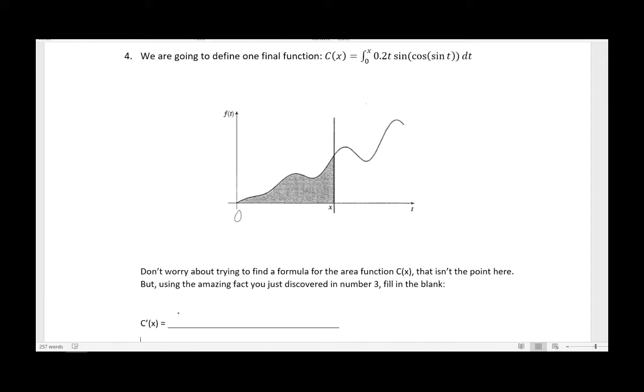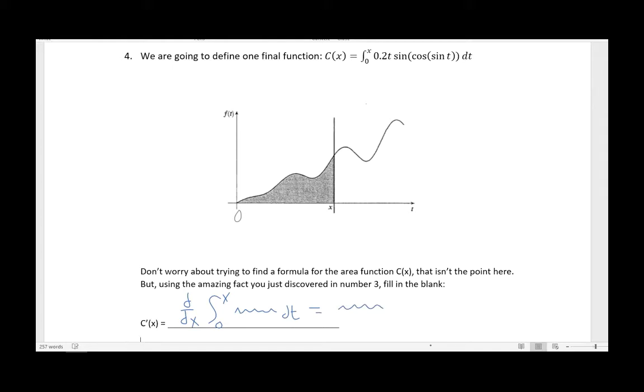So the derivative of that integral of, I don't want to have to rewrite all of this beautiful stuff, so I'm just going to say squiggly dt. What we just learned is that the derivative undoes the integral, right? Whatever the integral does, the derivative comes back and undoes that. So in essence, the derivative and the integral cancel each other out, if you will, and we just end up with squiggly.